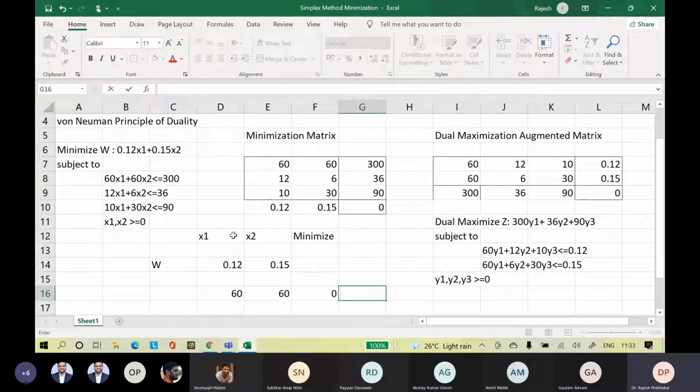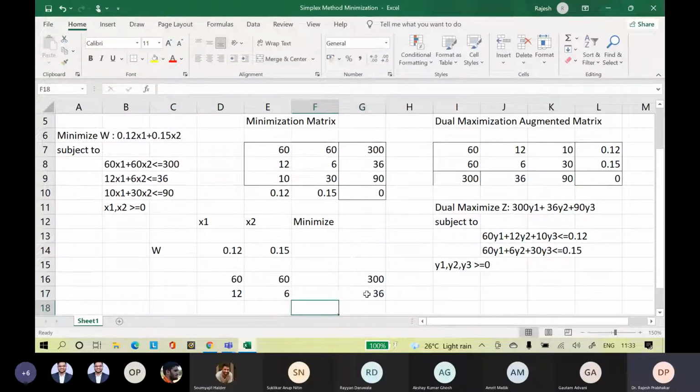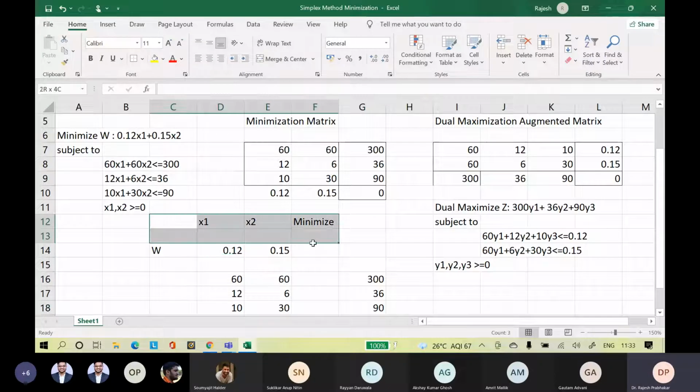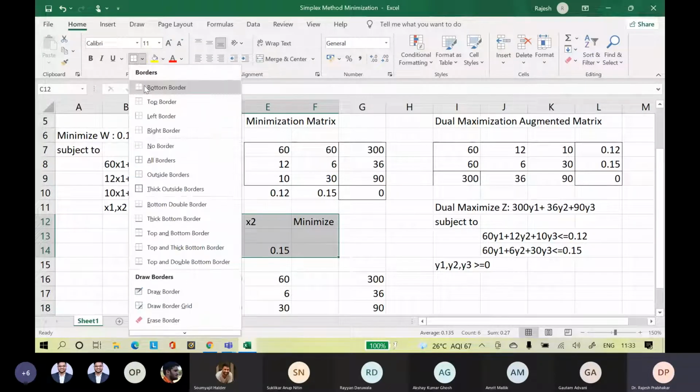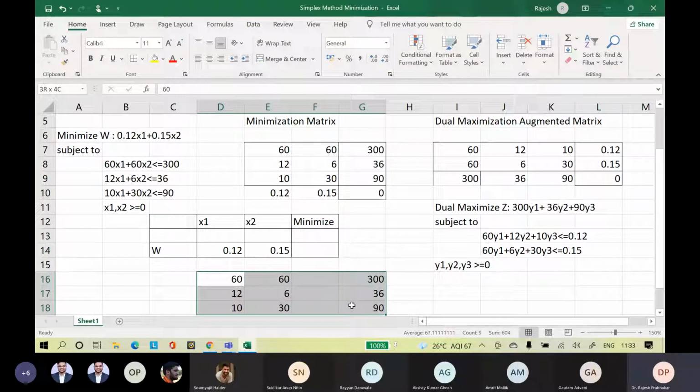We have to leave this cell empty, right? 60, 60, 300. The second one is 12, 6, 36. This one is 10, 30, and 90. Right. So this is one matrix. This is our other matrix.